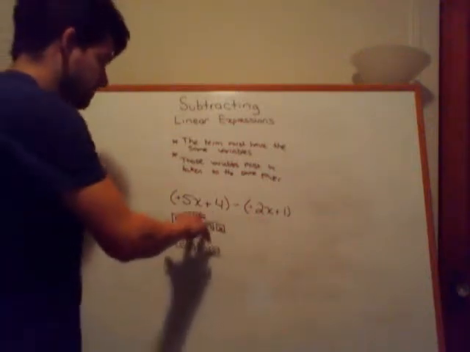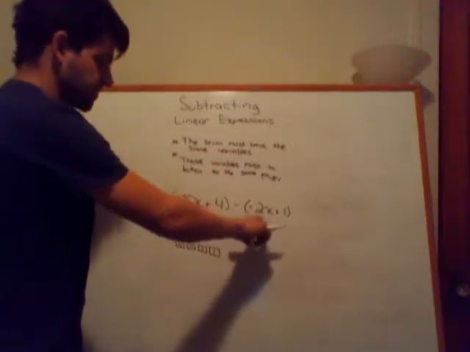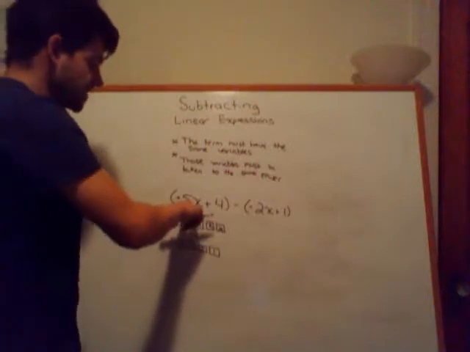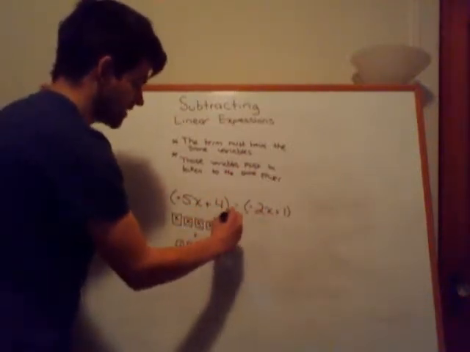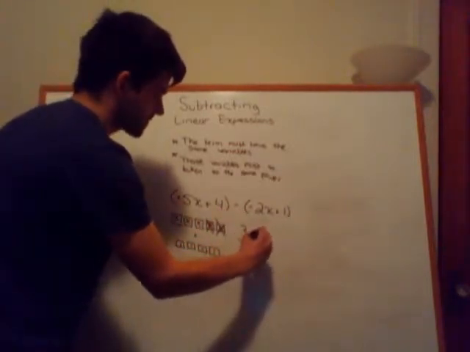Now, positive 5x and positive 2x are like terms. They have the same variables present in their term. So positive 5x minus a positive 2x, if I take away 2x, that will leave me with 3x.